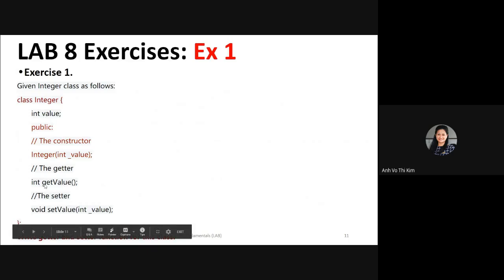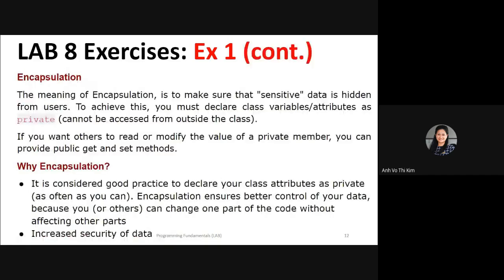And in the int get value getter, we return the value of the integer. That's it. Simple. This mechanism is called encapsulation. Remember, it is one characteristic of OOP, encapsulation, at exercise number 1.